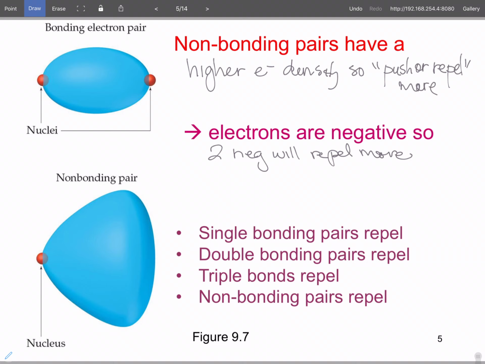Now, bonding pairs, remember, are in between the internuclear axis, whereas non-bonding pairs are just hanging out. They're outside the structure. Single bonds repel least. Double bonds repel more. Triple bonds repel more than doubles.